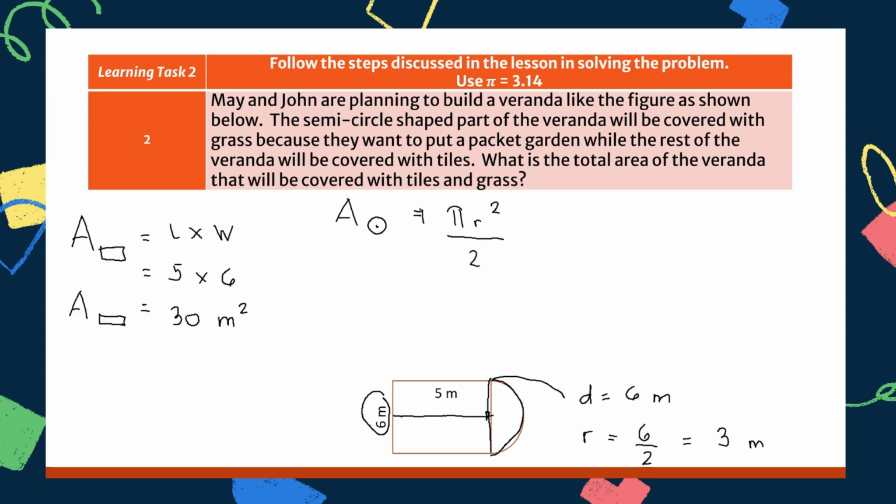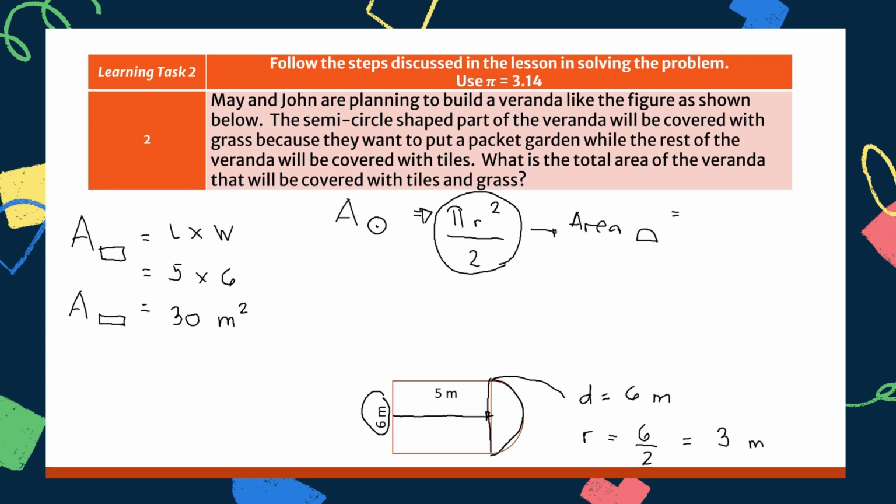So, ito yung area of a circle, pi r squared, na kapag i-divide sa 2, itong formula na to, magiging area of a semicircle. Okay? So, yun. Let us continue.